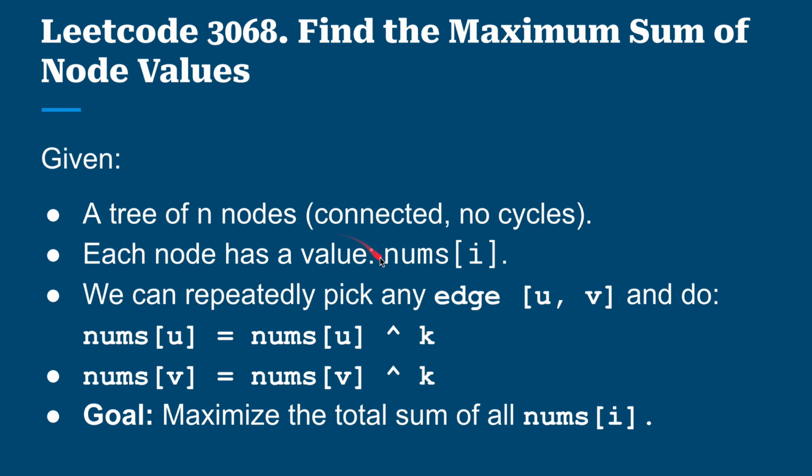We can repeatedly pick any u and v, and update nums at u and nums at v, to maximize the total sum of all those nums. But you have to take the XOR in these operations. If the XOR gives you a larger value, you update it, otherwise leave it. Our goal is to maximize the total sum of all the nums at i.